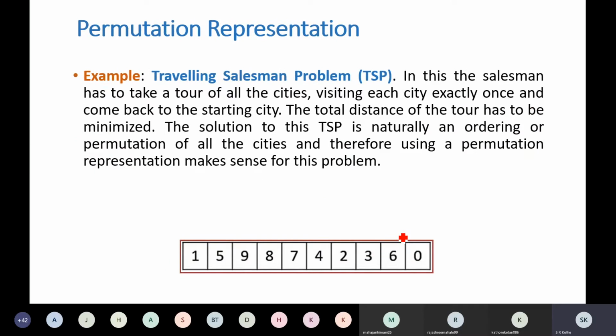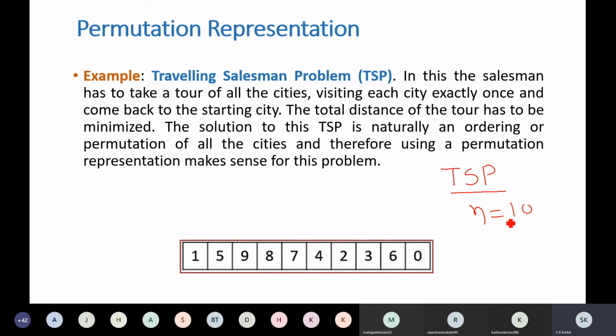The order of the variables is important, and you need to represent permutations of the possible values of those variables, or permutations of those variables. In that particular case, permutation type of representation is used. For example, in the traveling salesman problem, suppose there are 10 cities, so n is equal to 10.